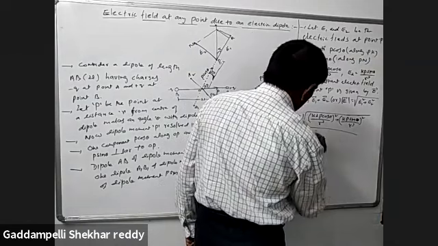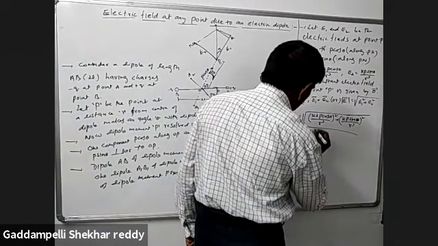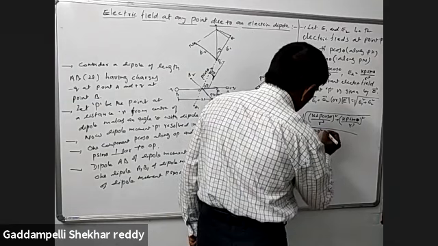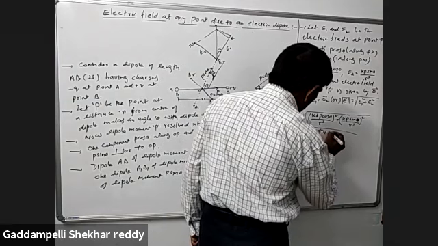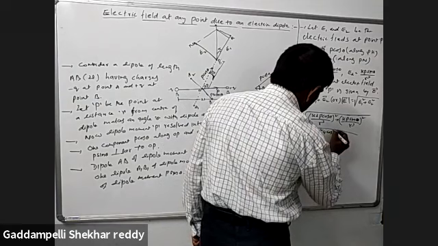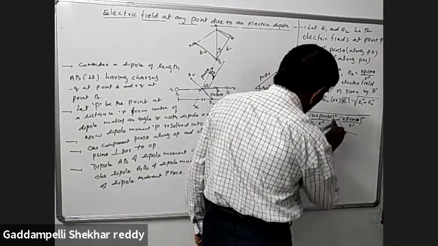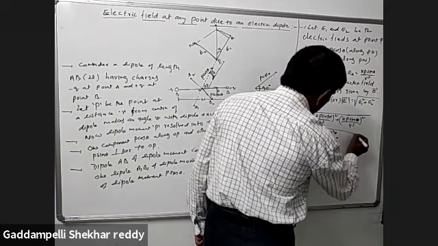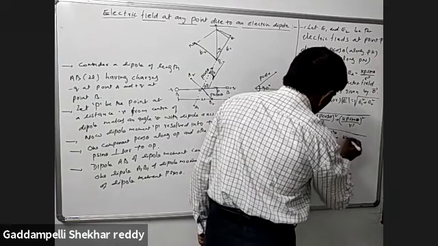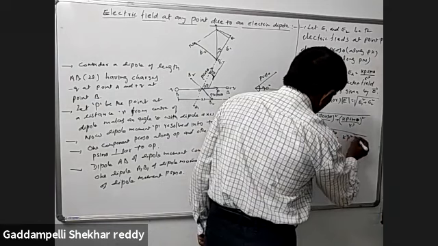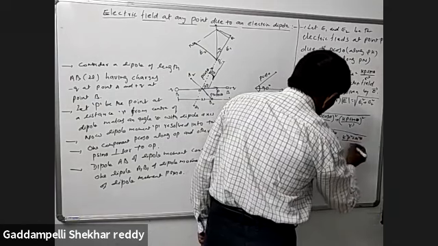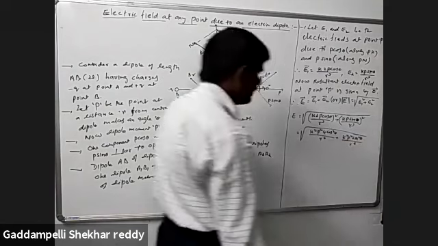Now K square P square, with 2 squared being 4, cos square theta by R cube whole square, which is R power 6, plus K square P square sin square theta by R power 6.